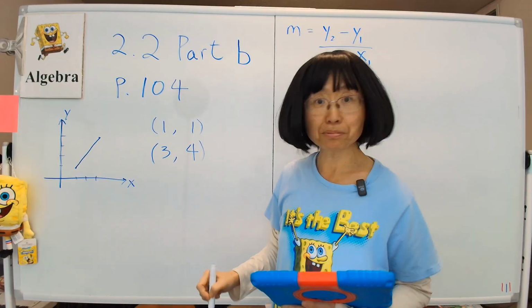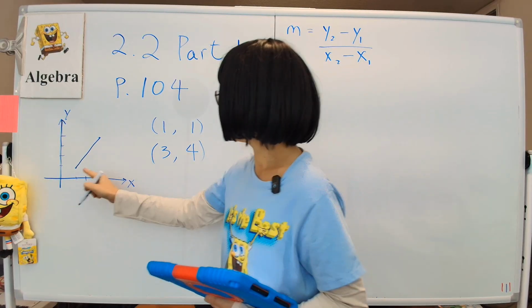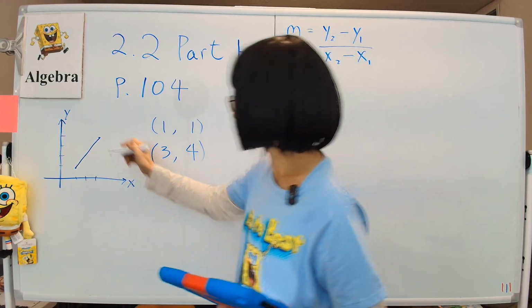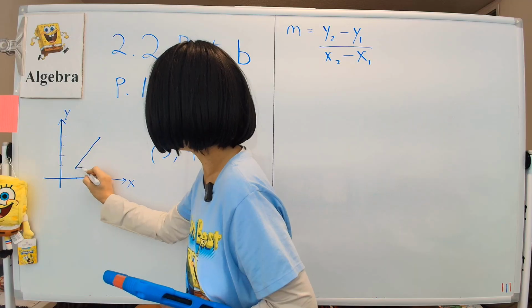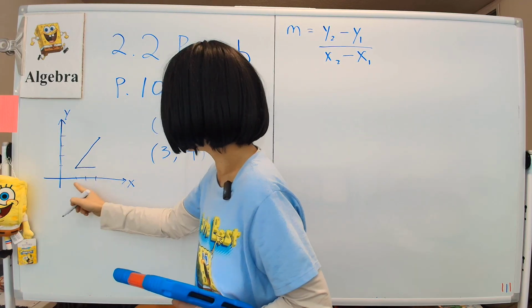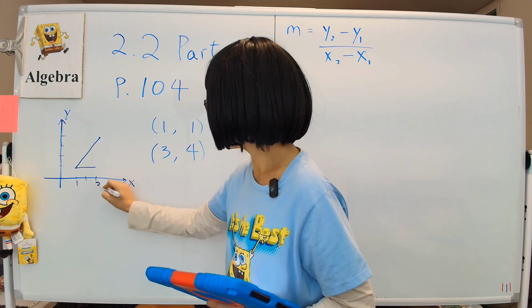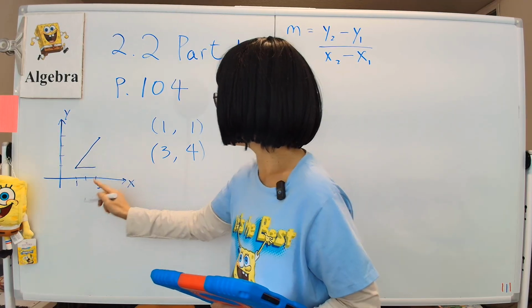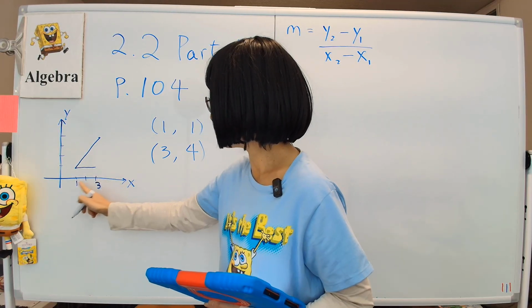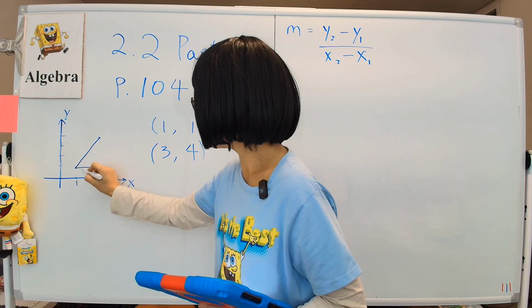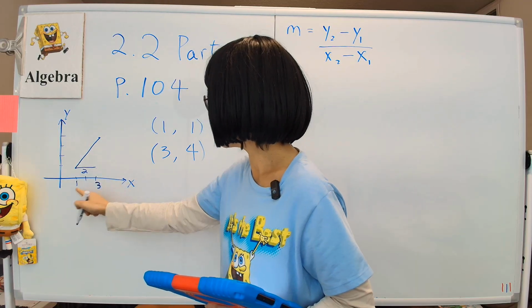As you can see, that's pretty steep. But how would you calculate the slope? The slope is calculated by the distance here. This is 1, 1, and 3, 4. So this distance goes from 1 to 3, so it is a distance of 2, which is 3 minus 1.